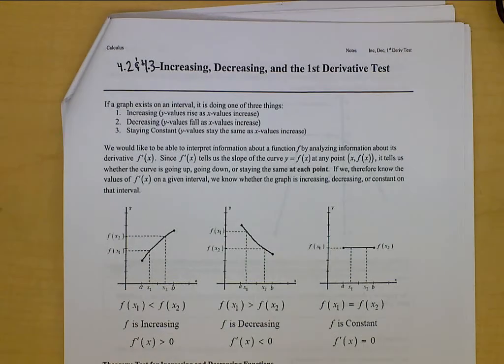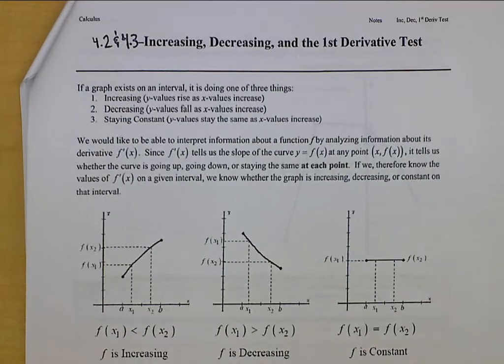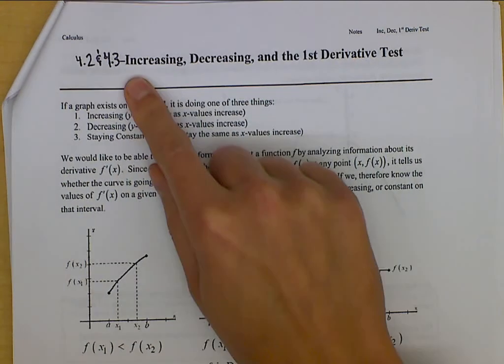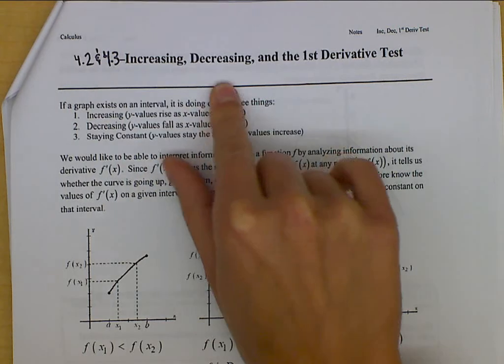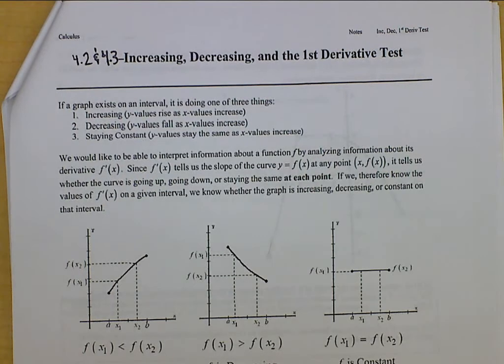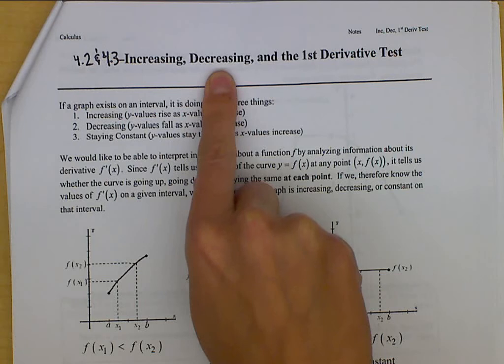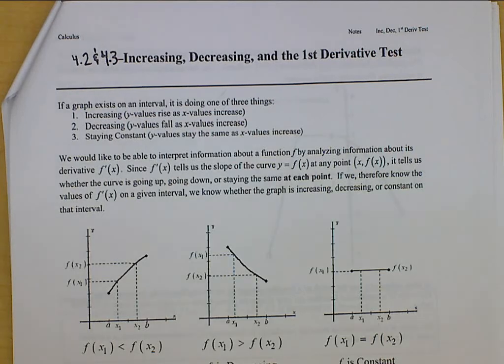Hi, AP Calculus students. So this next section, 4.2 and 4.3, we're looking at when functions are increasing, decreasing in the first derivative test. To give you a little bit of context, we're going to be taking derivatives, and now instead of just looking at where the derivative is equal to 0, we're going to be looking to see when the derivative is positive and when the derivative is negative, and this is going to help us find those relative minimums.